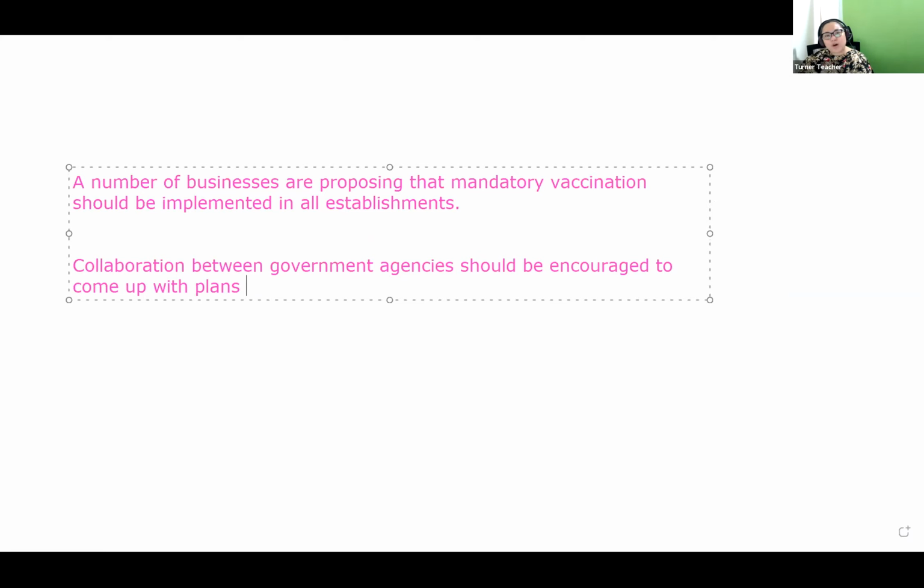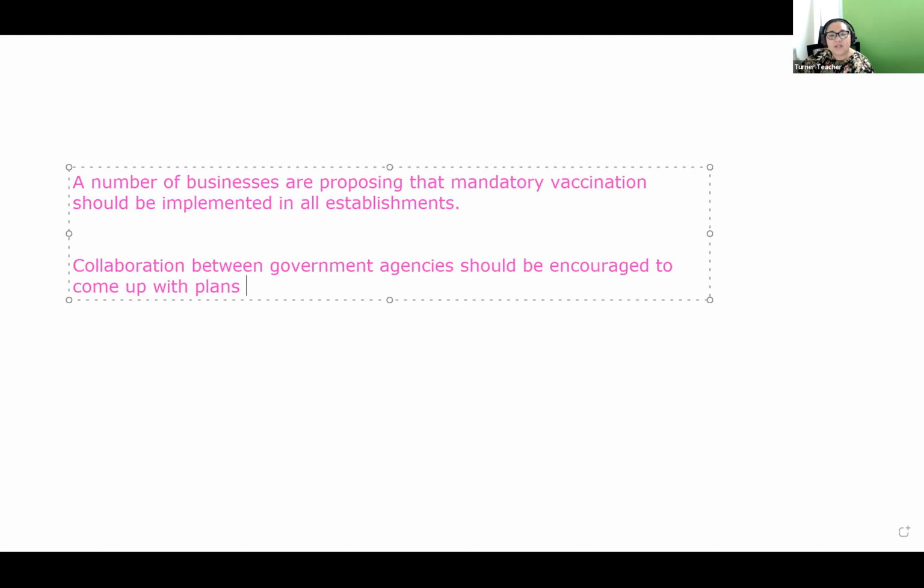So 1 or 2 passive sentences will be enough, especially if you're talking about your recommendation. Even just 1, you just have to make it correct. It's not possible to write all passive or all active. It has to be some passive and some active, because passive is a higher form of grammatical structure.